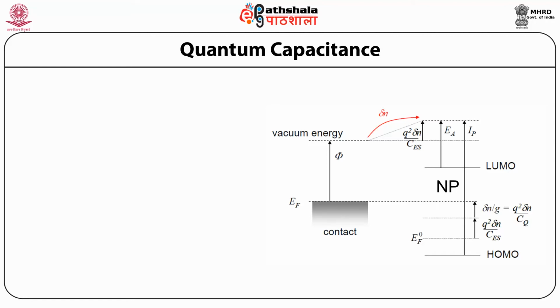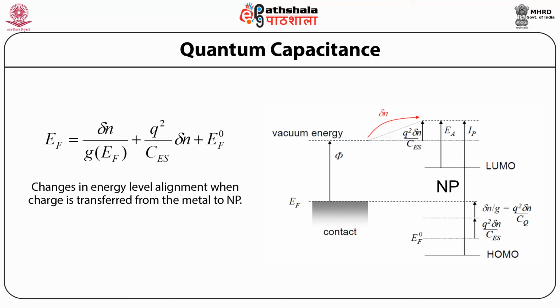So by incorporating the contribution from quantum and electrostatic capacitances, as shown in this figure, the Fermi energy of the nanoparticle contact EF can be related to the Fermi energy of neutral nanoparticle EF naught, and it is given by EF equal to delta N by G as a function of EF plus Q square by CES multiplied by delta N plus EF naught.